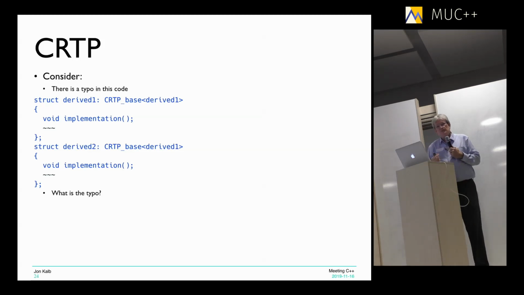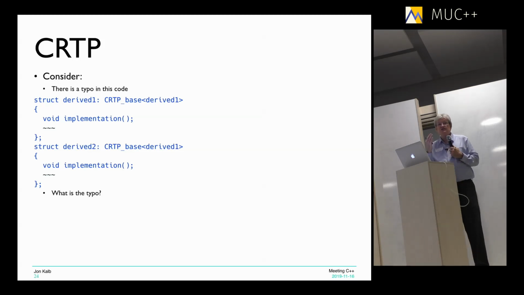But the second example has Derived2, which is instantiated on CRTP base of Derived1. Should be Derived2. And this base is probably going to cast itself to Derived2, and it's going to do that statically, meaning there's no runtime checking of that. So this typo is going to be a real problem, right?